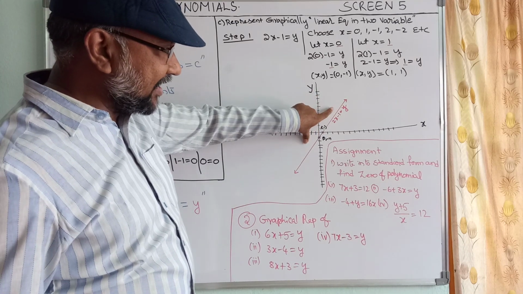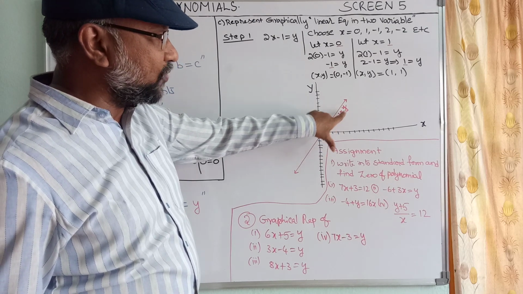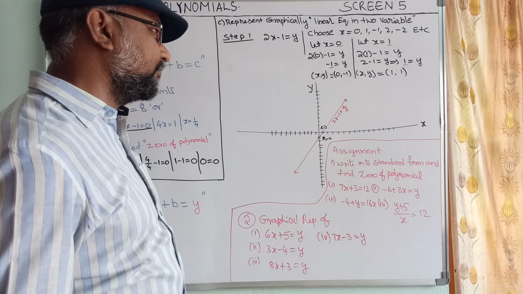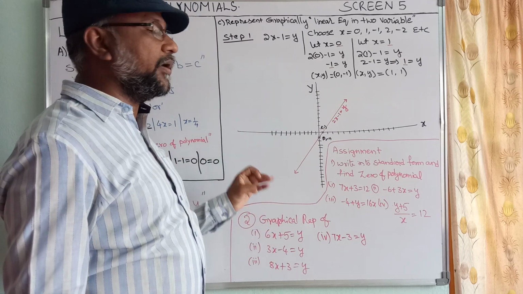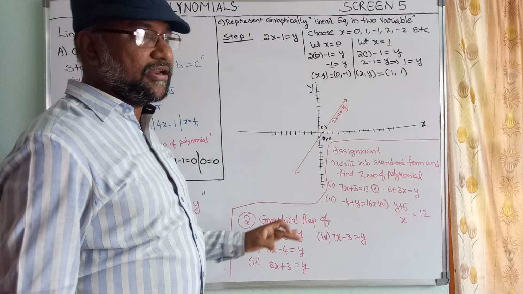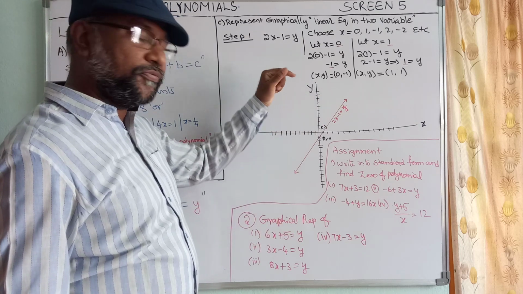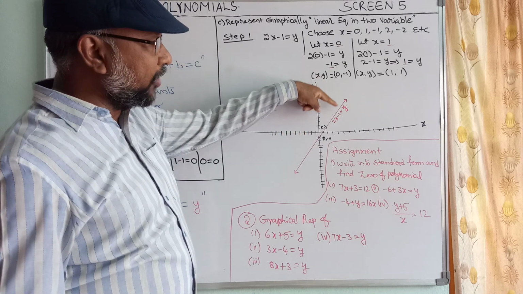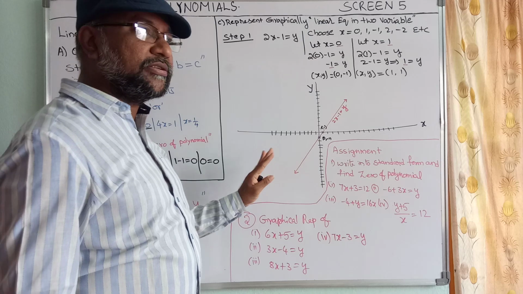Therefore this line is 2x minus 1 is equal to y. So minimum 2 points are required to draw a straight line. If you take a third point, a fourth point, a fifth point, all the points will be included in the same line. So minimum 2 points are required.